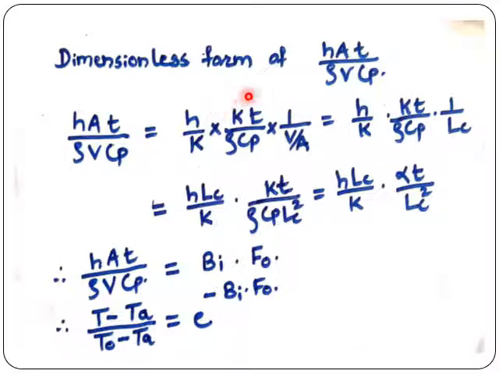You can also obtain a dimensionless form of hA t by rho V Cp, which is the exponent we have.